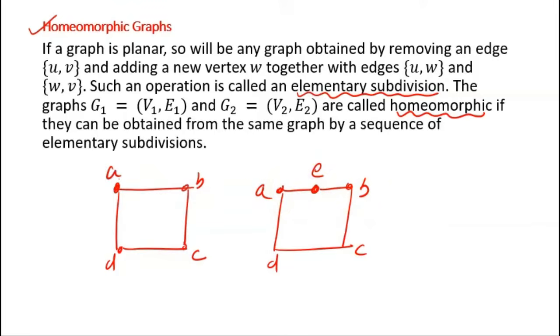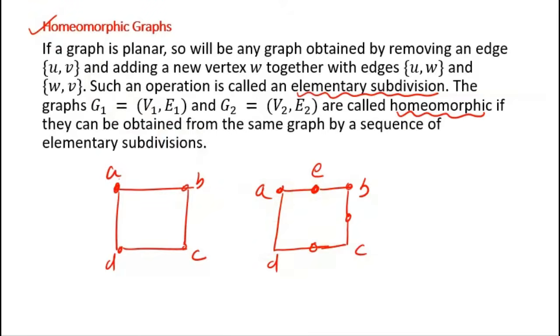We can do many elementary subdivisions. For example, I can remove this edge, place one extra vertex and join it: another elementary subdivision. Suppose someone is interested in doing another one: remove this edge, place one extra vertex here and join it. This is another elementary subdivision.